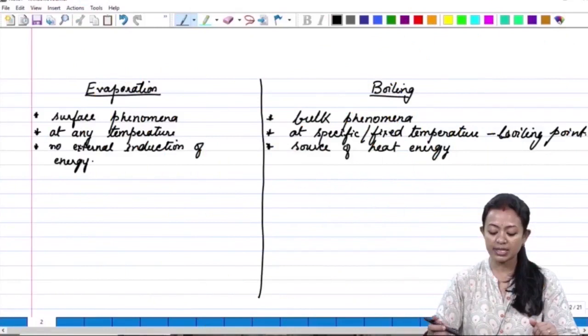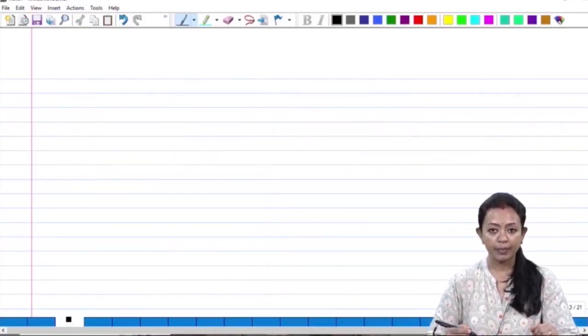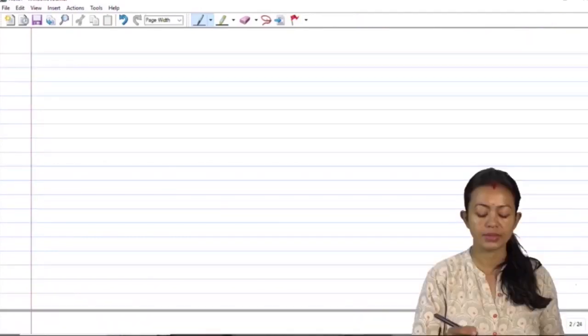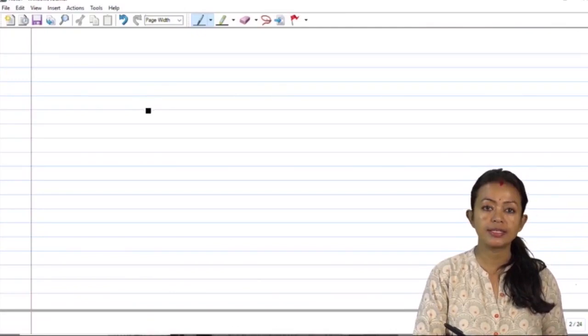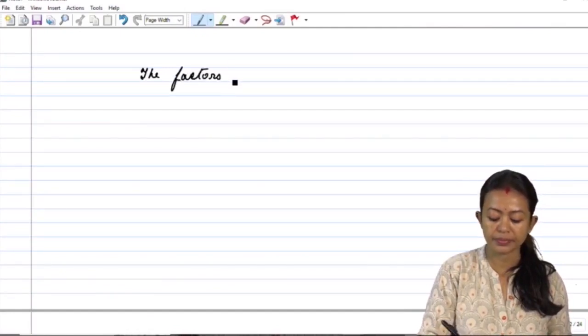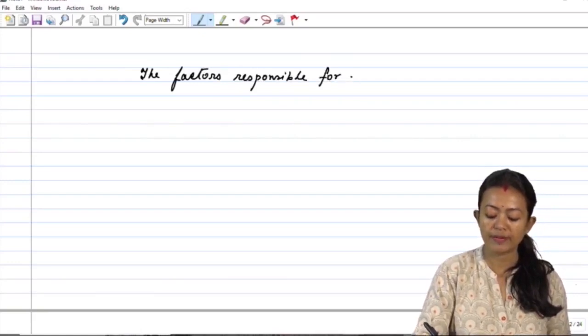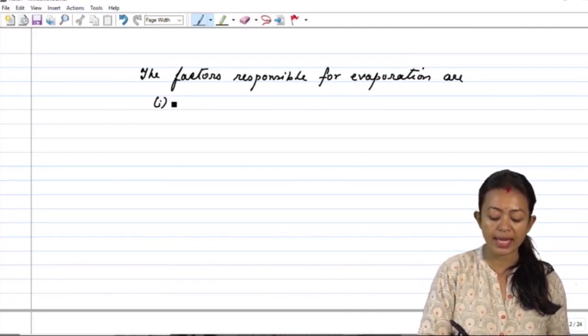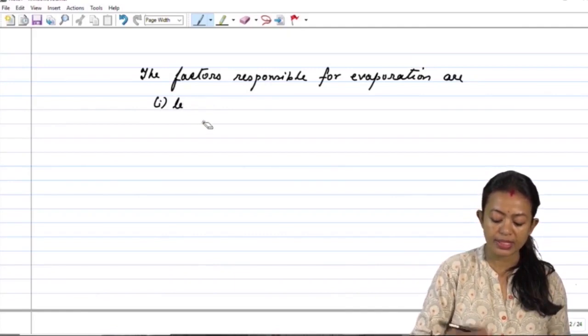Now, as we were discussing the evaporation, there are many other factors on which the rate of evaporation depends. So what are the factors responsible for evaporation? Number one is the temperature.